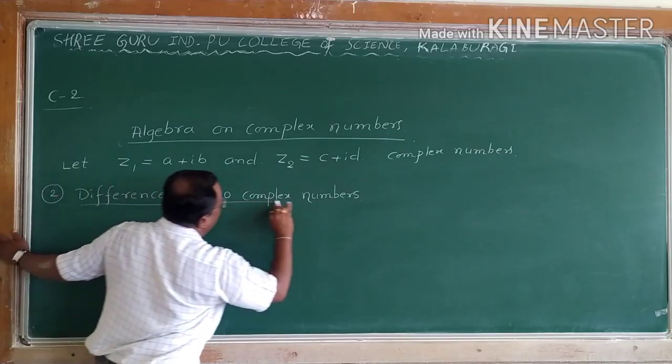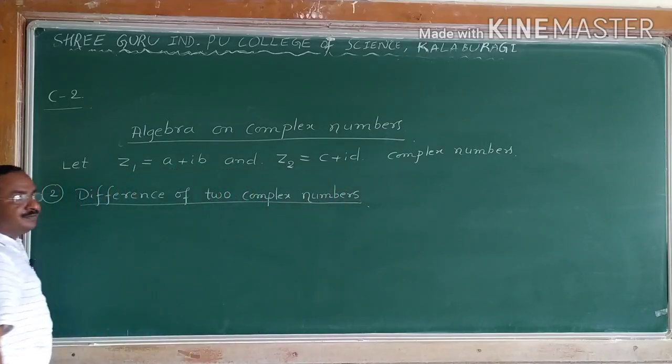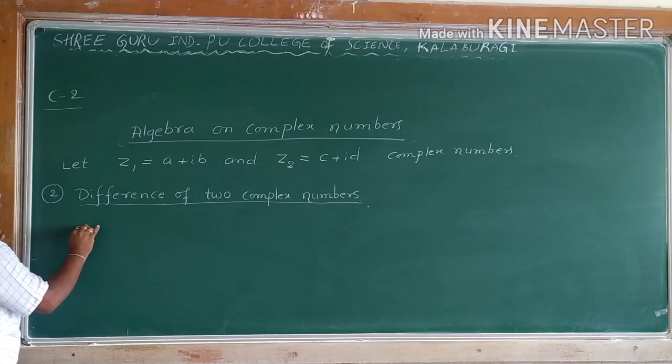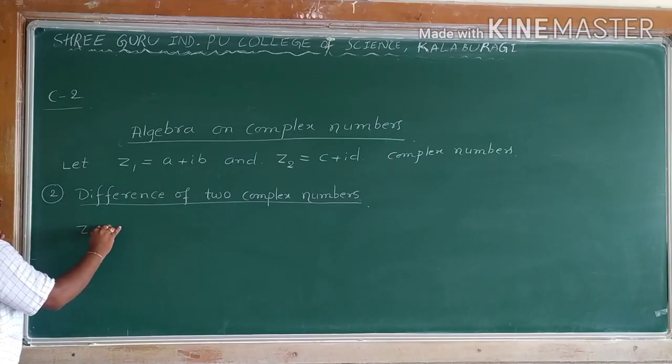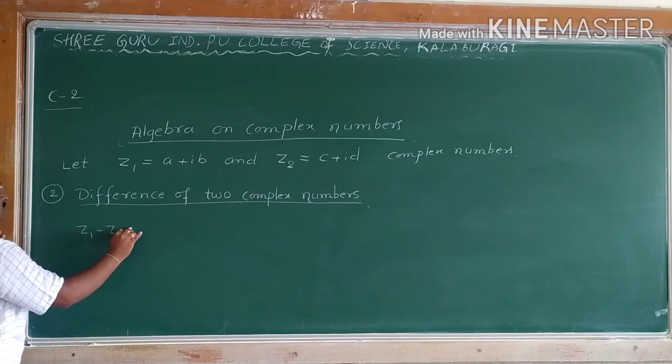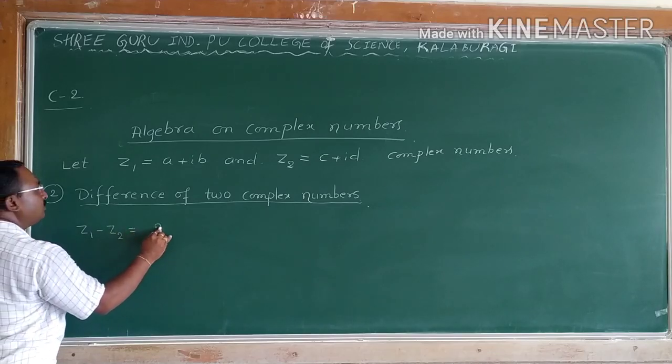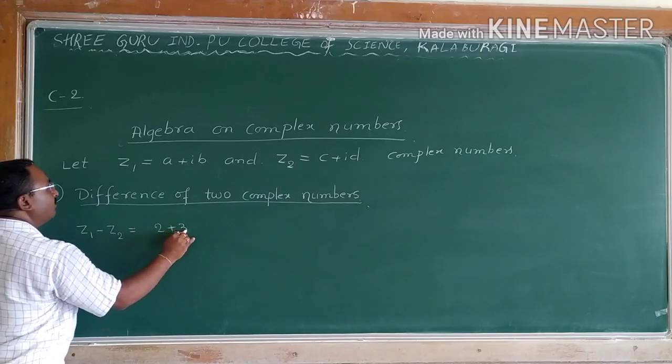Difference of two complex numbers are what? z1 minus z2 is equal to 2 plus 3i, z1.